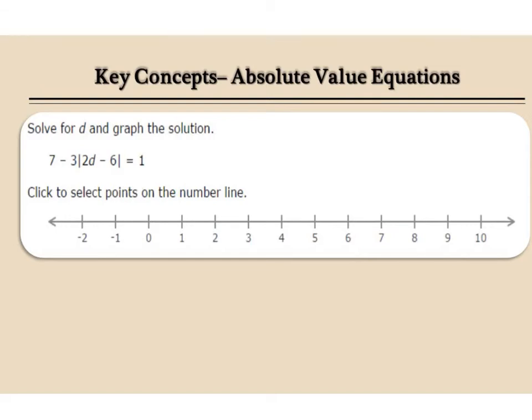Here's one that has more than a couple steps. The problem says 7 minus 3 times the absolute value of 2d minus 6 equals 1. So before we do anything, we are going to subtract this 7 from both sides.